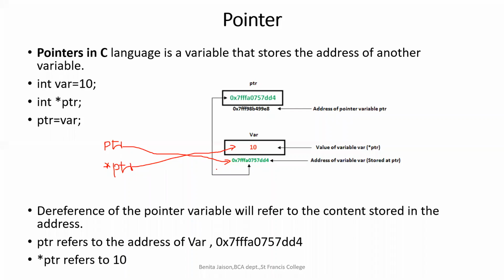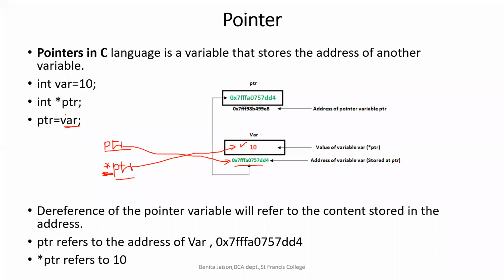Is it clear? Write in your notebook. If I am using a dereferencing operator star before the pointer variable, it will refer to the value of the variable. If I am just using PTR, we had declared PTR in order to store the address, right? So if I am just using PTR, it will refer to the address of the variable.